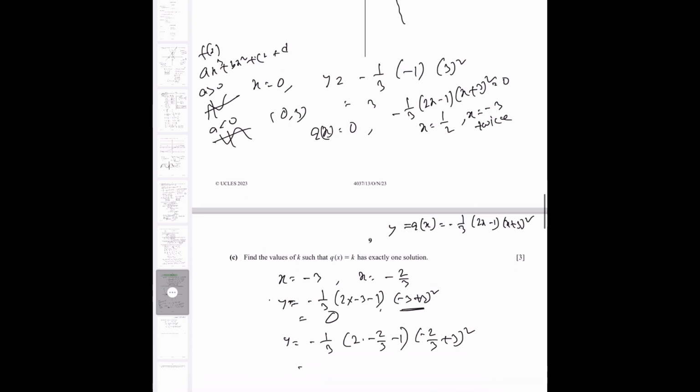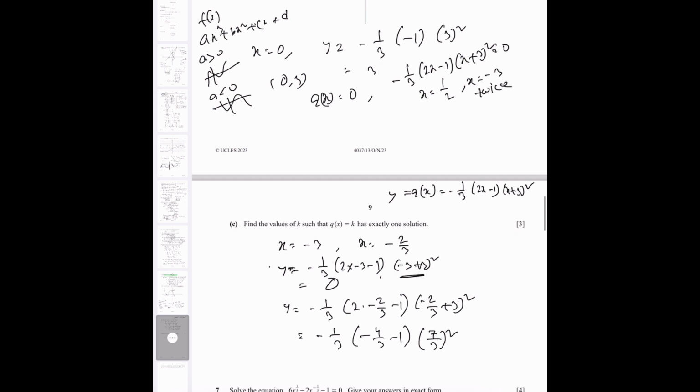Let us simplify this: minus 4 by 3 minus 1, and 9 minus 2 is 7 by 3 whole square. This is plus 1 by 3 into 7 by 3 into 7 by 3 whole square.